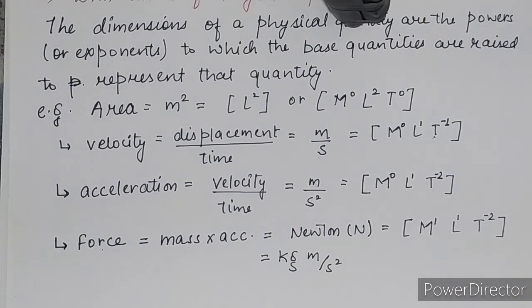So M1 L1 T minus 2. Always remember, for writing dimensional formula you have to know the MKS units. All these things we have to utilize to write dimensional formulas. It has three applications.